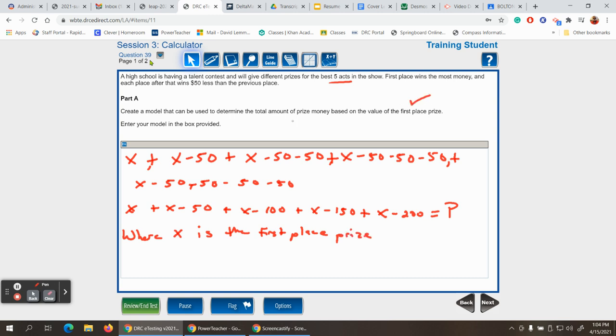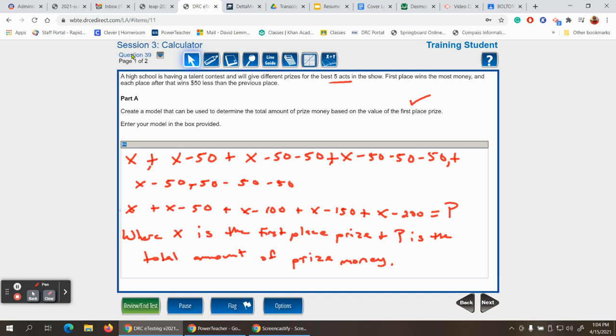Check. Total amount of prize money. And P is the total amount of prize money. All right, there's that one. So this is just my work.